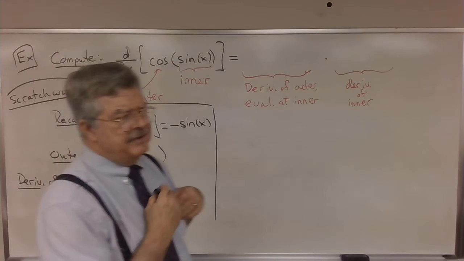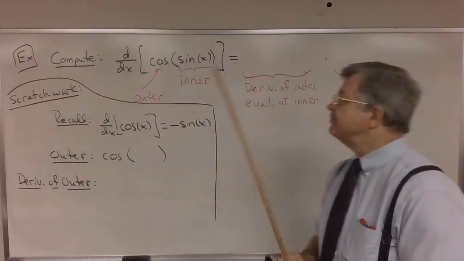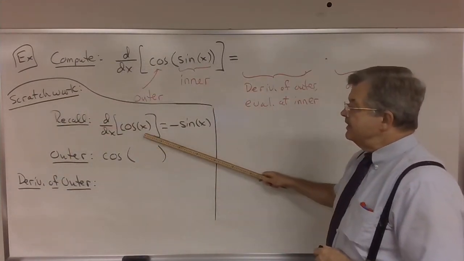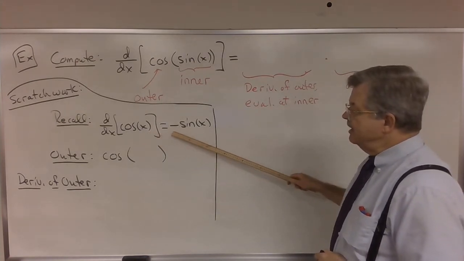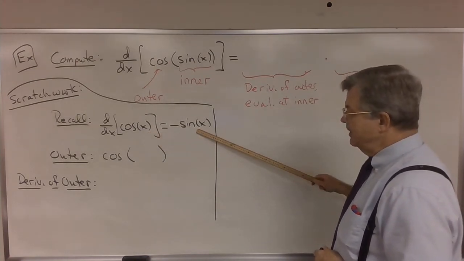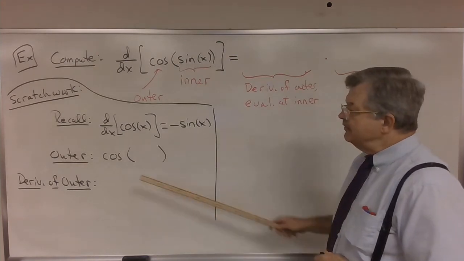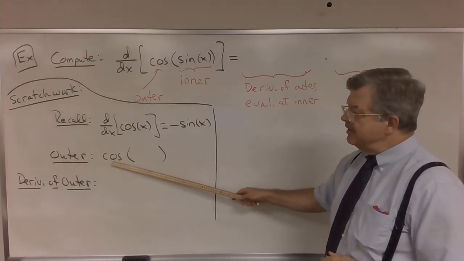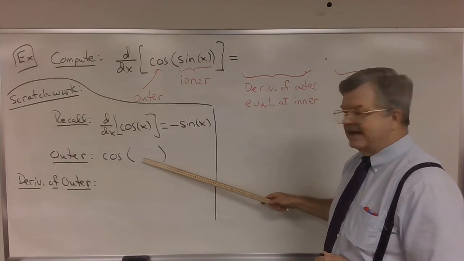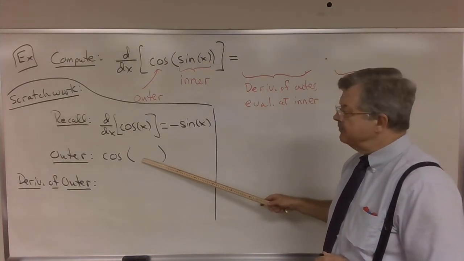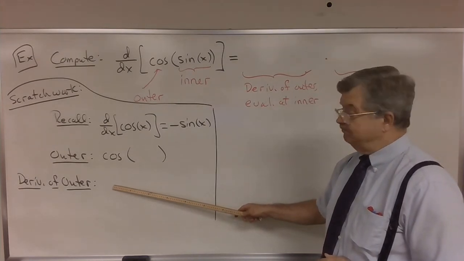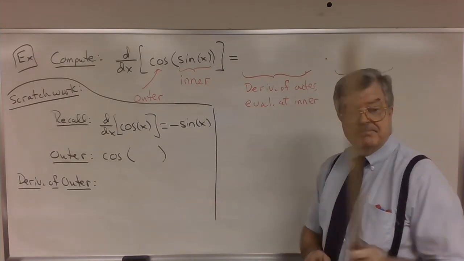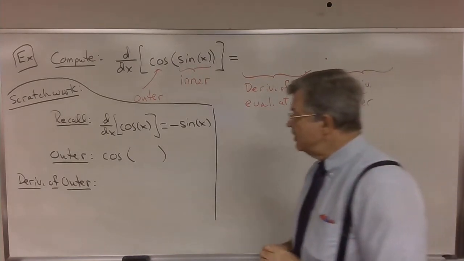Now let's reason on this. The derivative of cosine evaluated at x is negative sine evaluated at x. So what's the derivative of cosine evaluated at something? Wouldn't it be negative sine evaluated at something? That's exactly what it is.